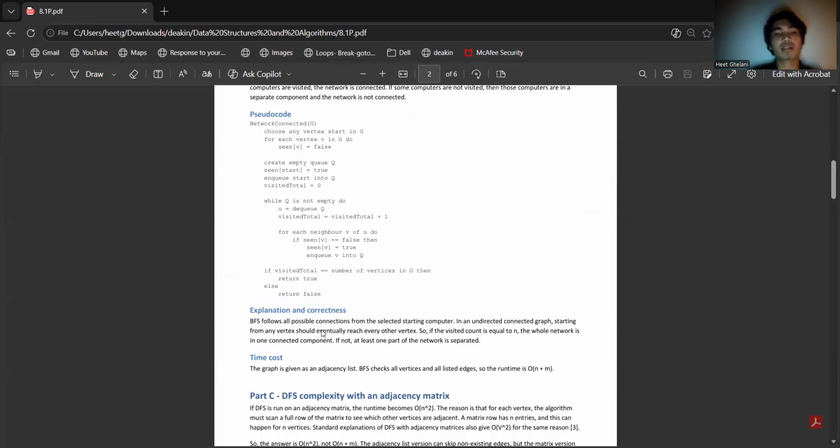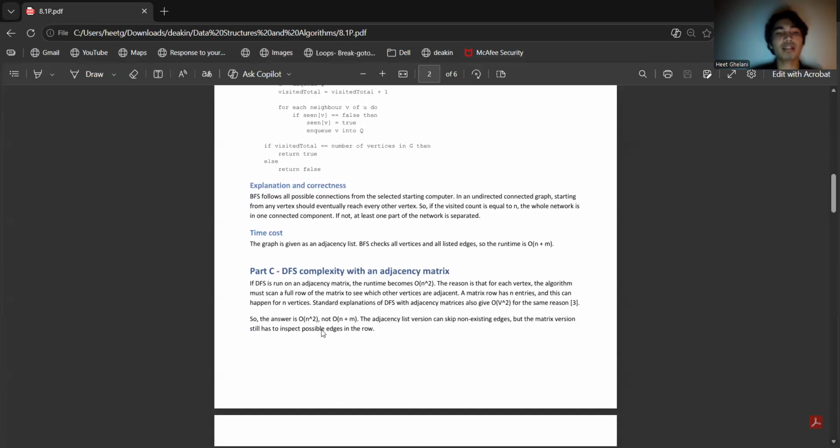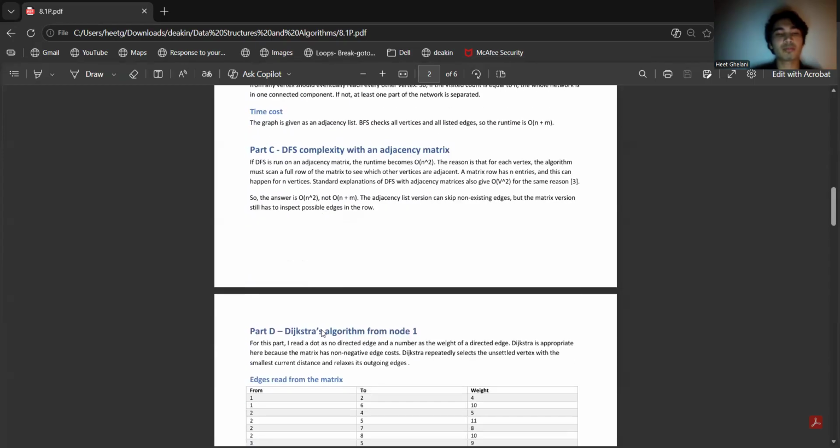If some vertices remain unvisited, then the graph is disconnected. Here, the idea is that in a connected graph, every computer should be reachable from every other computer. Since BFS checks all vertices and edges once, the complexity is also big O of n plus m.